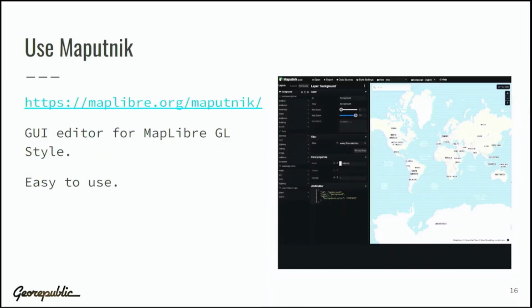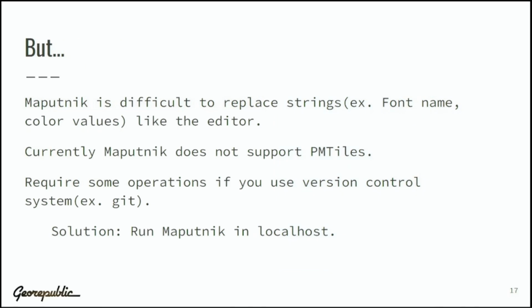Next, Maputnik. Maputnik is a GUI editor for MapLibre GL styles. It is easy to use, like Illustrator from Adobe. It enables you to move the order of layers, and it is good for newbies. But Maputnik is difficult for replacing strings like an editor does.